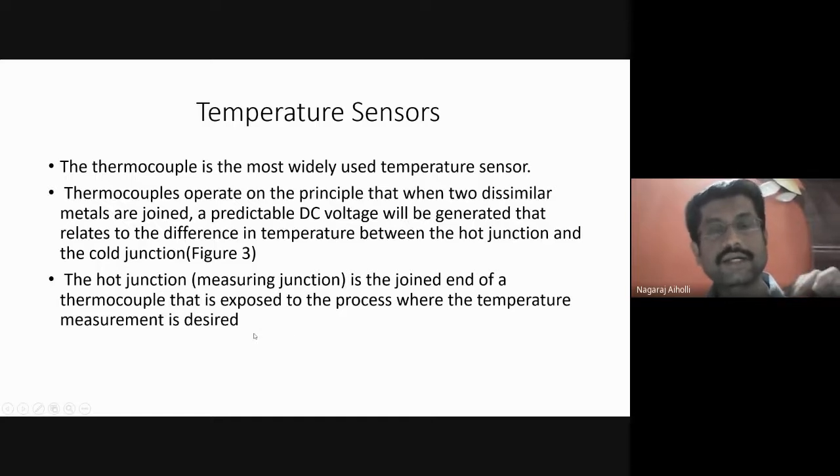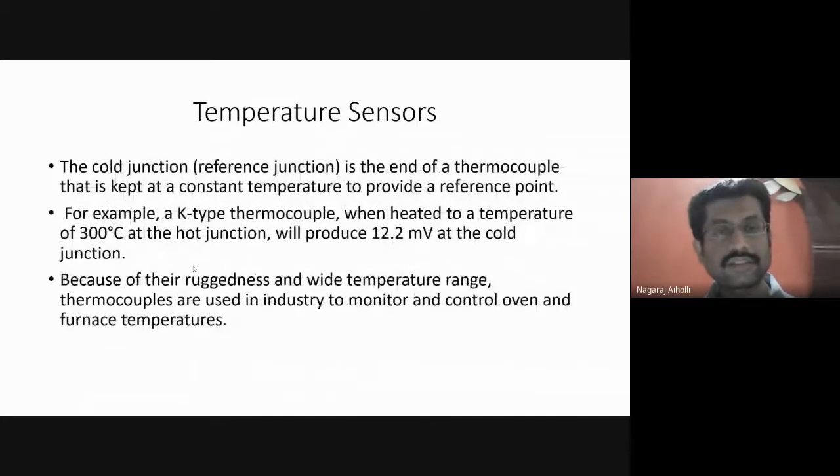It is the junction at which we are measuring a certain temperature, or applying heat energy. The cold junction or reference junction is the end of a thermocouple that is kept at constant temperature, and it is called the reference point.